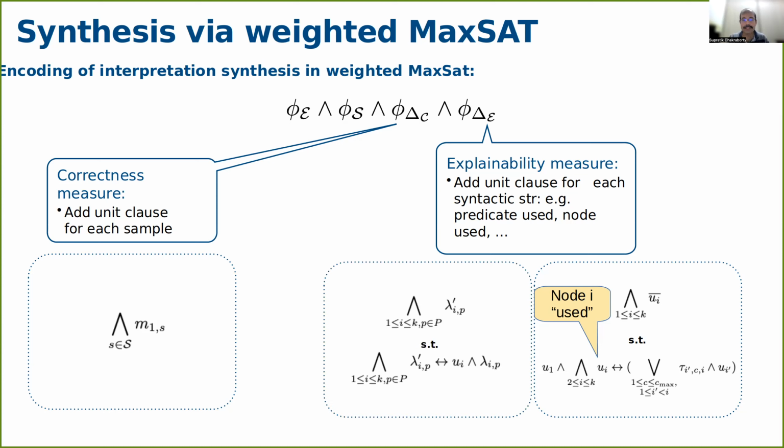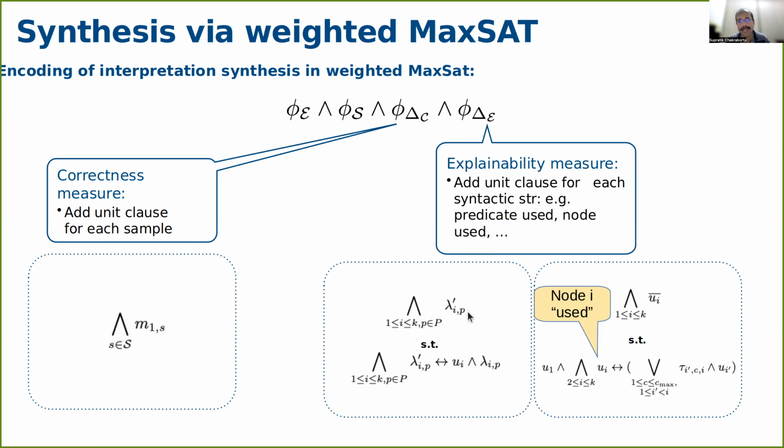And then there is this predicate business also that we choose, which is we say that if a node is used and it is labeled by a predicate P, then we have this variable which we set to true, which is really used for the counting. I showed you initially that different predicates can have different weights.